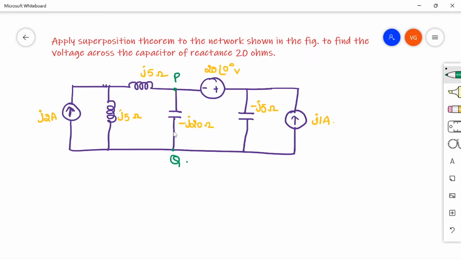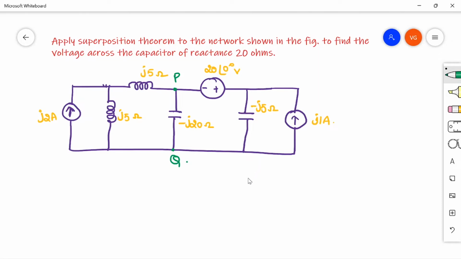So if you consider the circuit, you have two current sources, j2 ampere and j1 ampere, and also you have a voltage source of 20 volts, right? And we have to find out the current through this PQ because of all the three sources using superposition theorem.